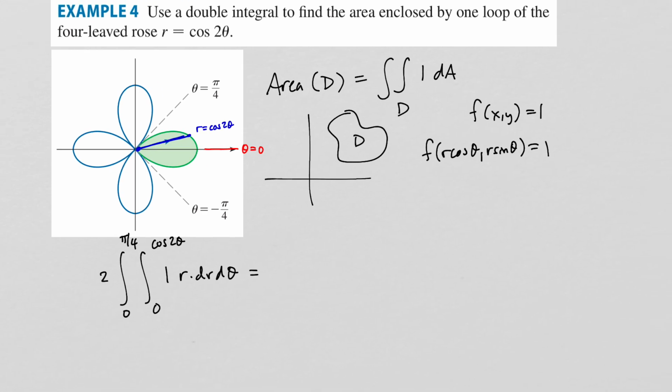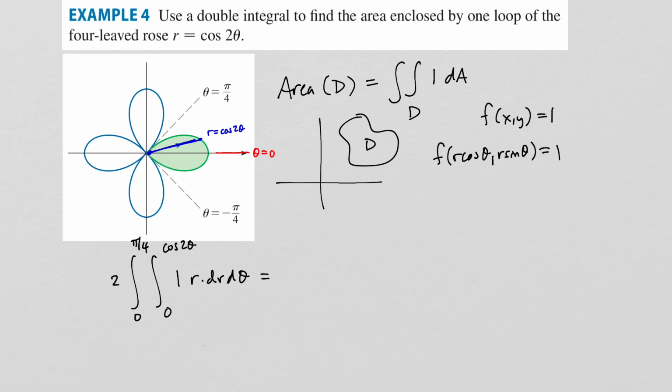Now let's just perform the integration. So we have 2 integral 0 to pi over 4. The integral of 1 times r with respect to r, of course, is r squared over 2. We're going to evaluate that from r equals 0 to r equals cosine of 2 theta d theta.